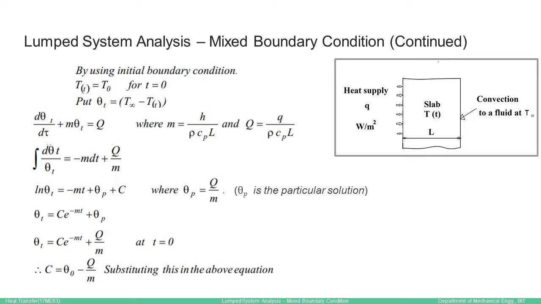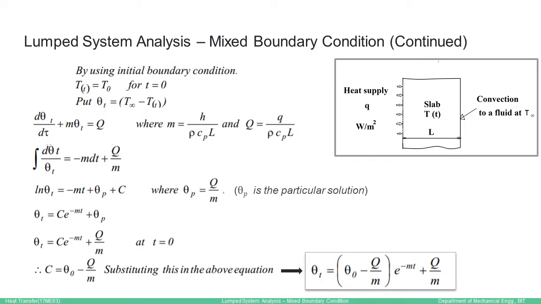This is applicable for time t equal to 0. So we obtain the constant C is equal to theta naught minus Q by m. So we can substitute this in the general solution for theta of t. We get theta of t is equal to (theta naught minus Q by m) multiplied by e power minus m t plus Q by m.